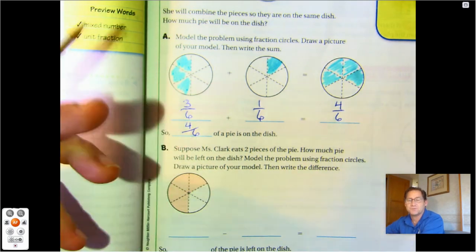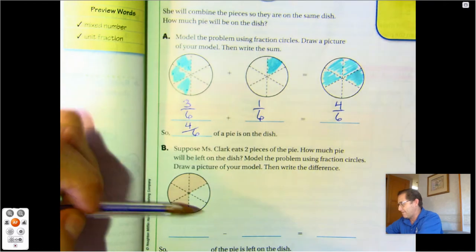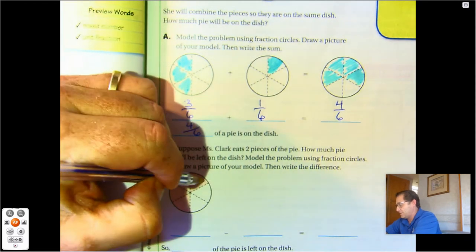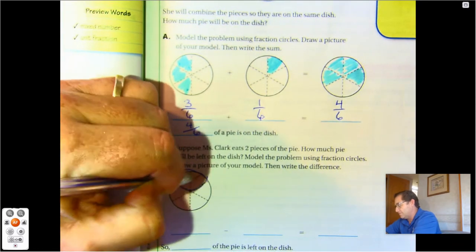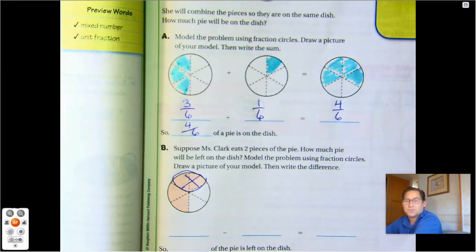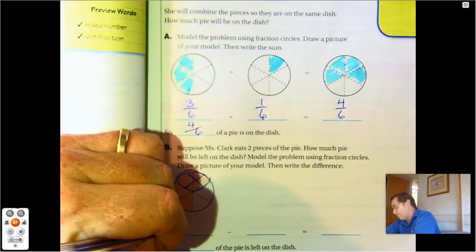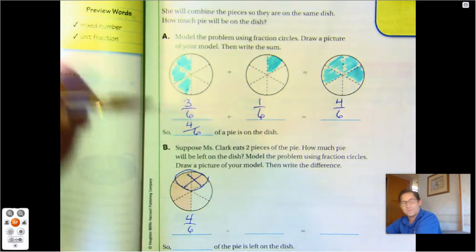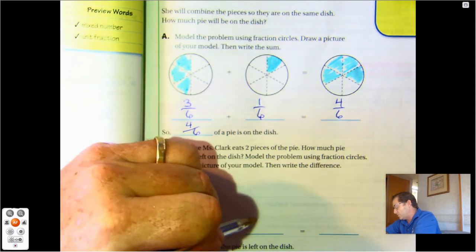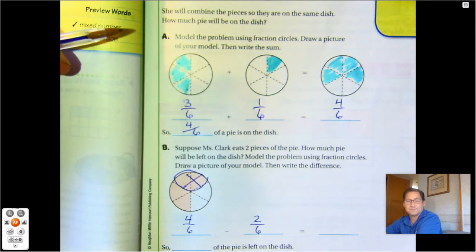The pie dish was broken into sixths. And I have 4 pieces here. But apparently she decided she was going to eat 2 of them. So this is how we would show subtracting from a total. So we had 4/6, and then we have to remove 2 of the 6 pieces. So how many does she have left?